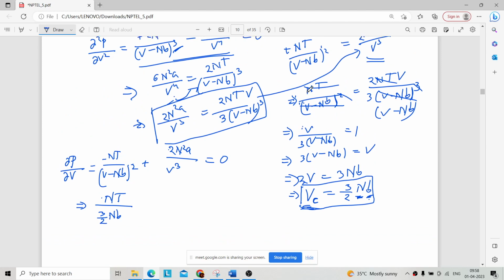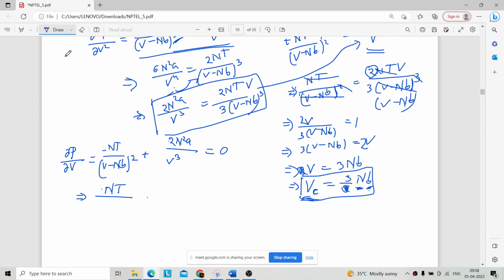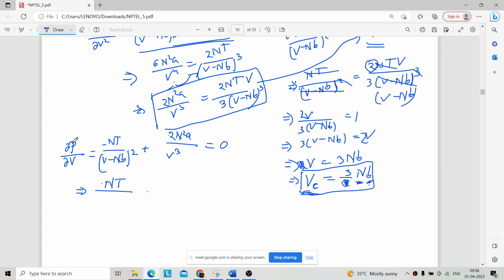Okay, I have made a mistake here. There was 1 2 here, so this is 2, this is 3n, right? So 3NB minus NB. We need this critical value for our solution, so just be with me until this derivation.